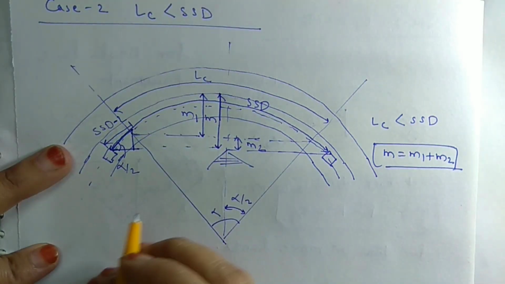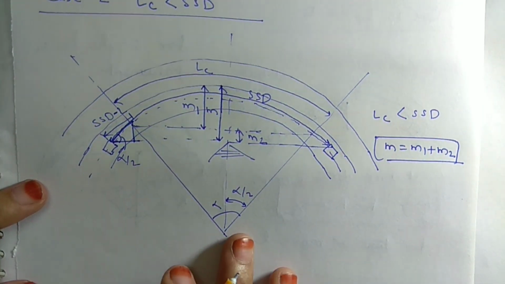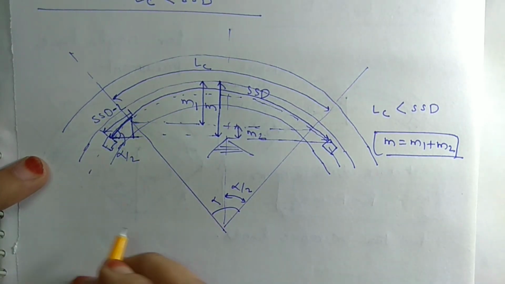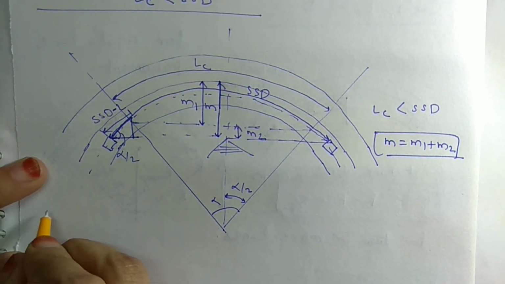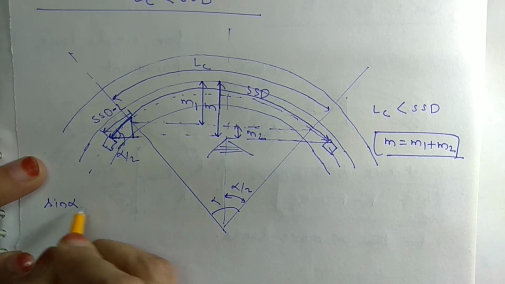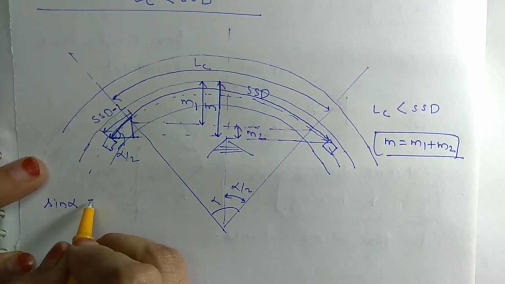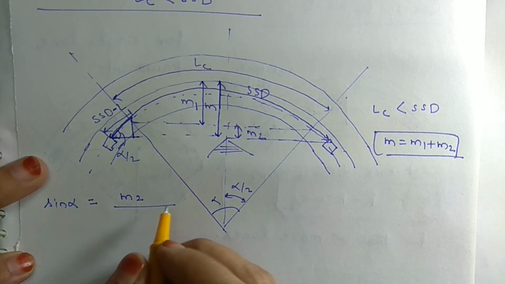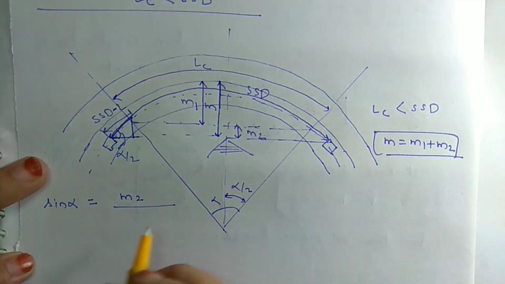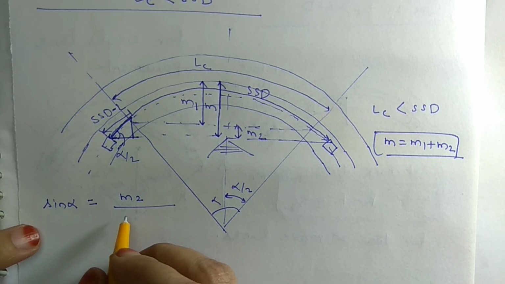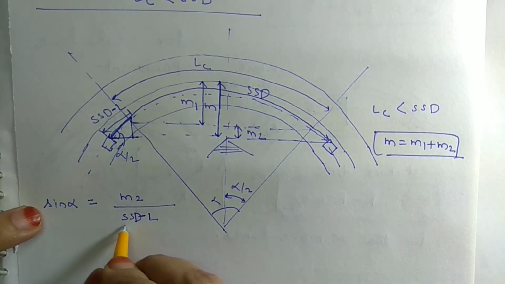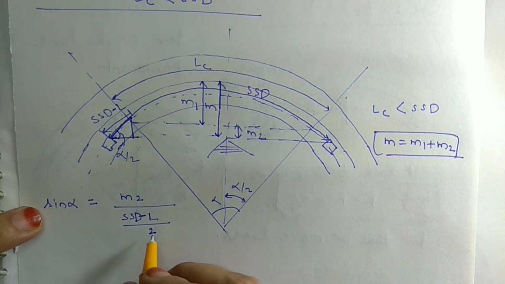So by considering sine alpha, applying trigonometry on this particular triangle, we calculate the value of sine alpha. On this triangle, we get M2 upon, this distance is M2 upon SSD minus length of curve upon 2.